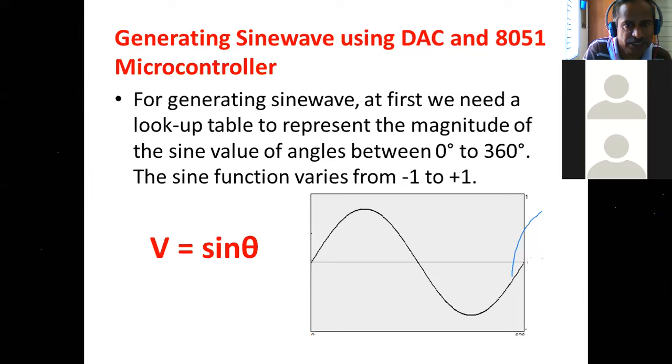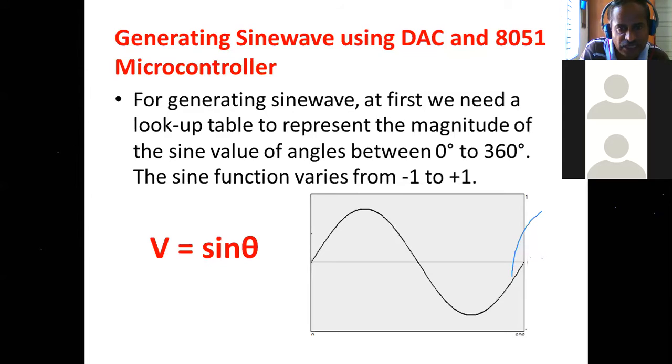We know that sine 90 is +1 volt. We get a peak value of the sine wave. If theta is equal to 180 degree, again sine 180 is 0. So amplitude of the sine wave is now 0 at this particular point.